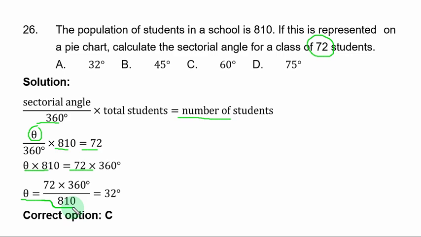When you multiply and divide, you have 32 degrees. So the correct option is option A, not C, 32 degrees.